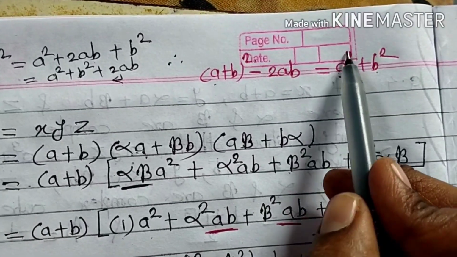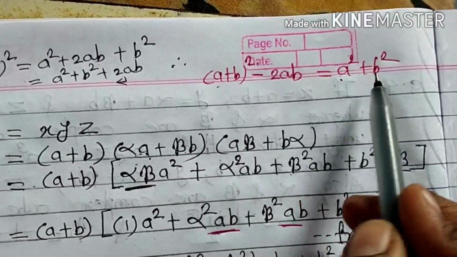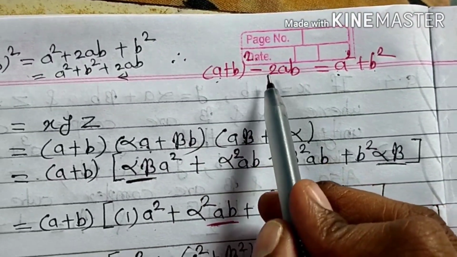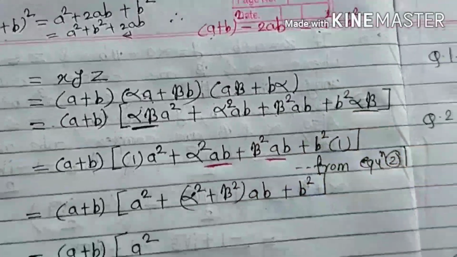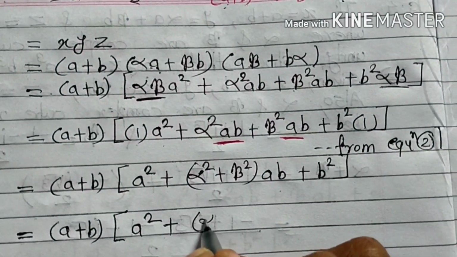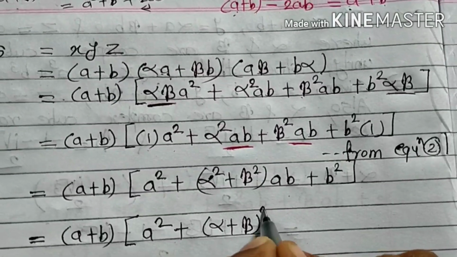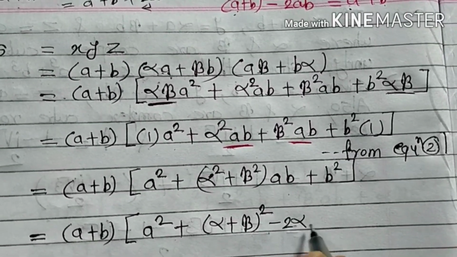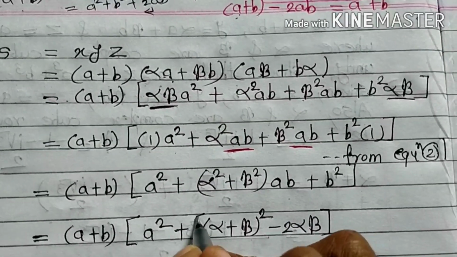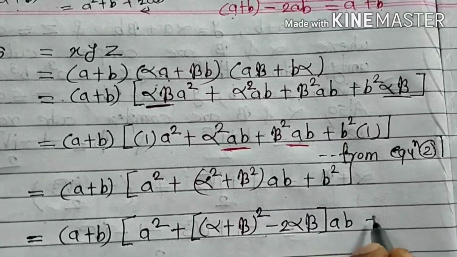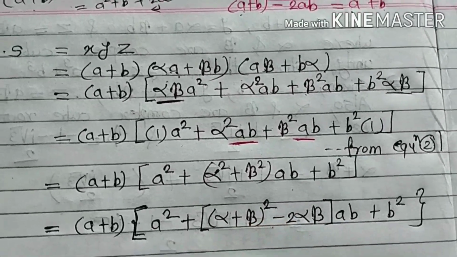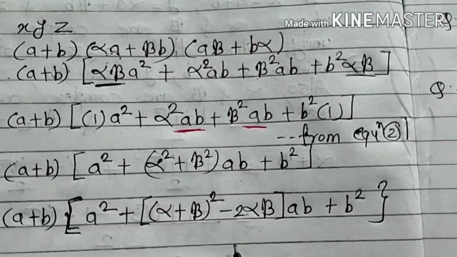Suppose here is alpha square plus beta square, then what value do we get? Alpha plus beta whole square minus 2 alpha beta. So using this, here we can write alpha plus beta whole square minus 2 alpha beta into ab plus b square. Then there is a bracket change, so it is another bracket. Here you can write the formula.